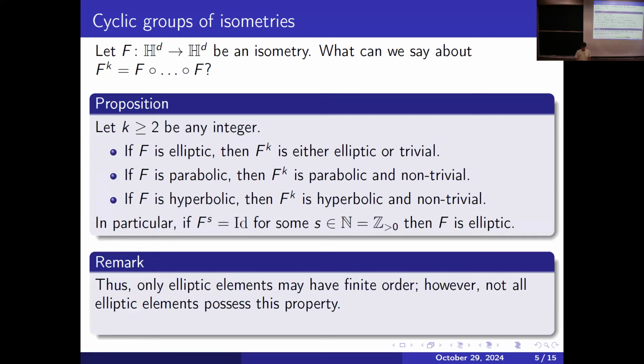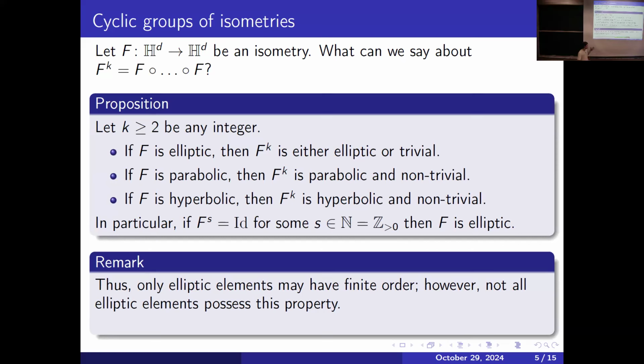So in particular, if F to some power is the identity isometry, the identical isometry, then F is elliptic. This means that only elliptic isometries can be of finite order.